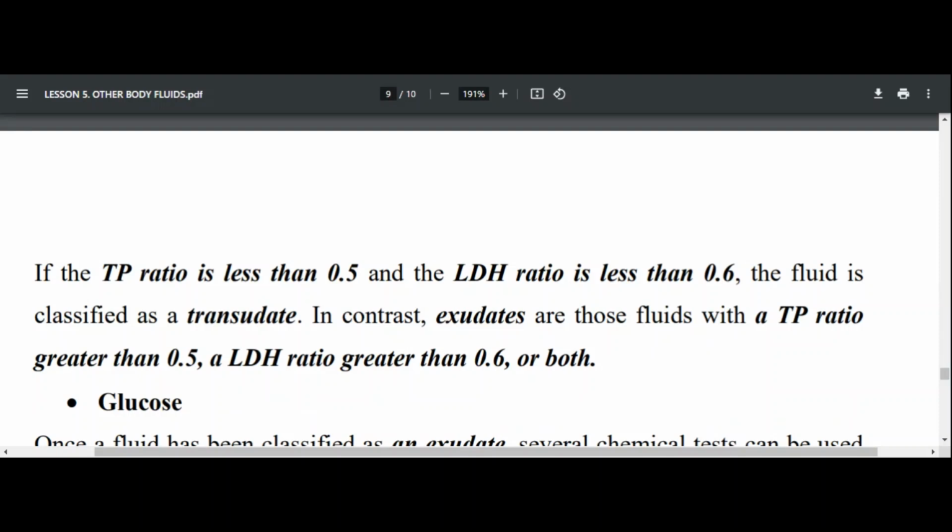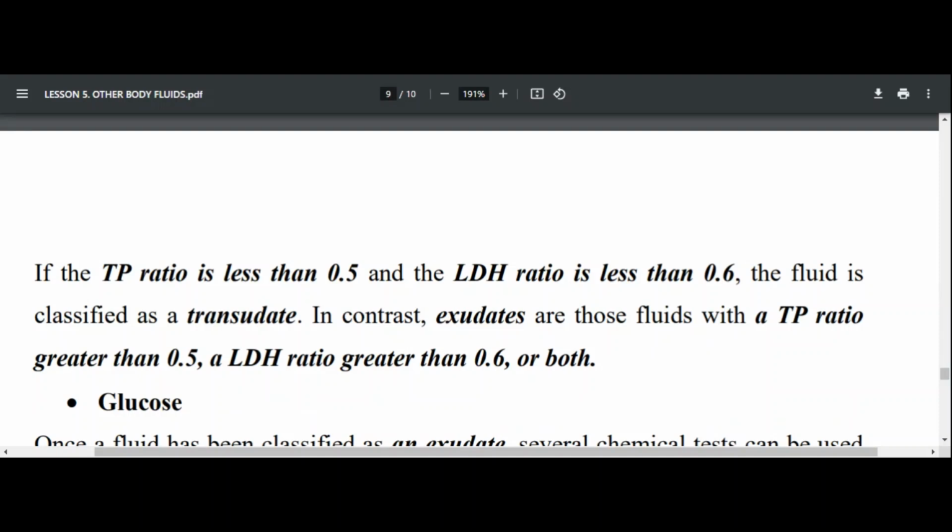Total protein in fluid is the numerator, and the denominator is total protein in serum. So the ratio in fluid is less than 0.5, which means it is less than half of that of serum. Then you can classify it as transudate.